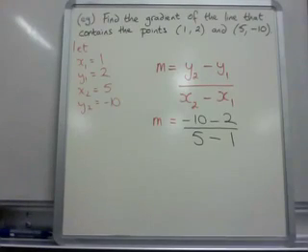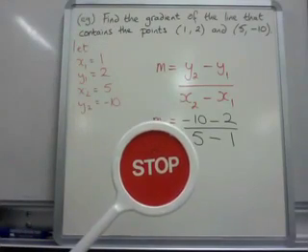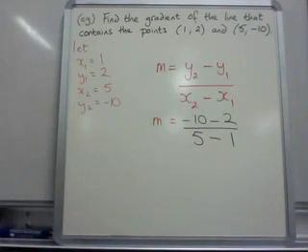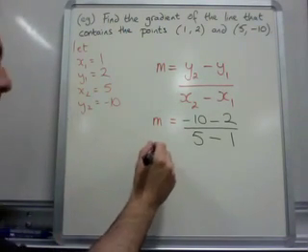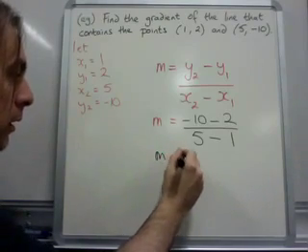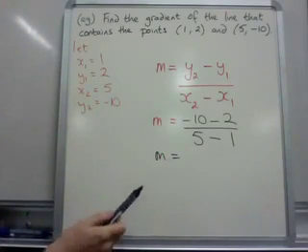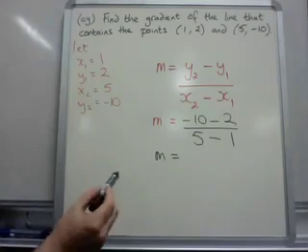Now all you have to do when you have good setting out is just read what has been written. So decide what you think you have to do next. Pause the video. Okay, you think you've got the right idea and you have the answer to what we have to do next? Let's see. M equals. You should have heard a voice telling you to do minus 10 minus 2.